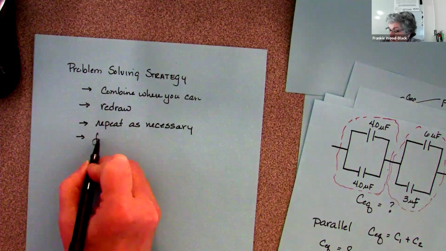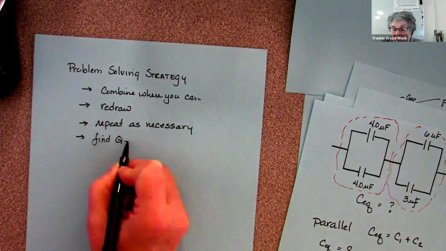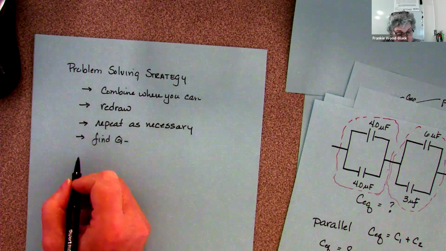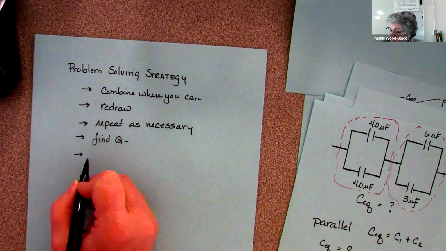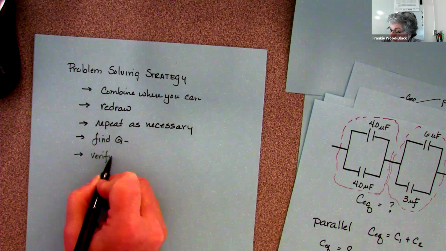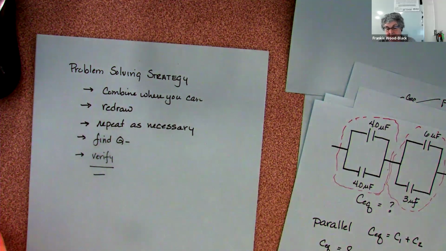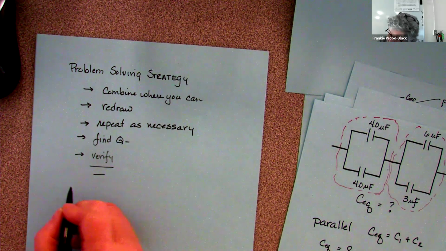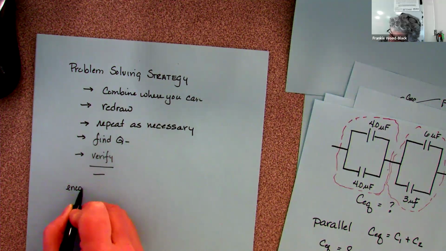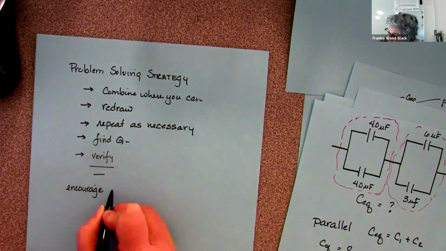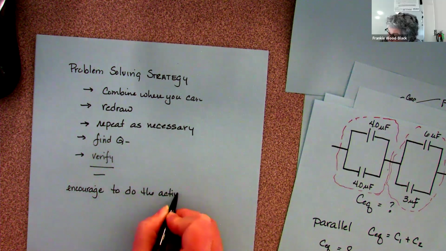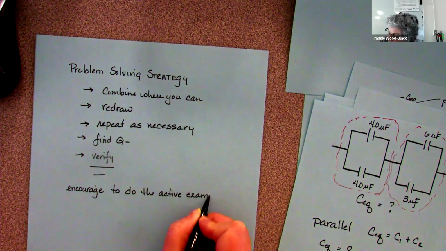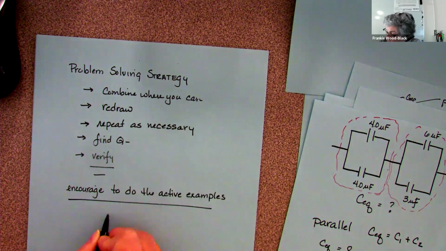You find the charge. When you're doing other parts of it, you can find the charge, and then you can verify by working backwards. Encourage you to do the active examples, and you have those in the practice homework.